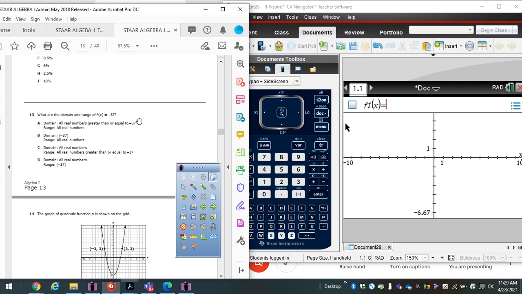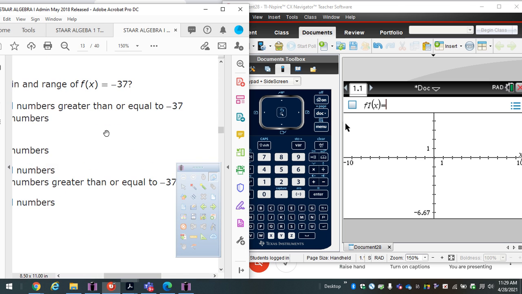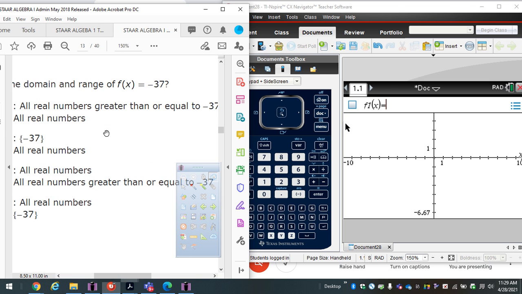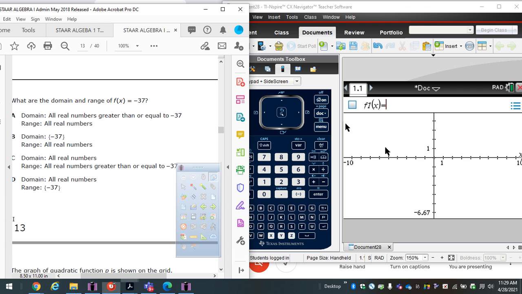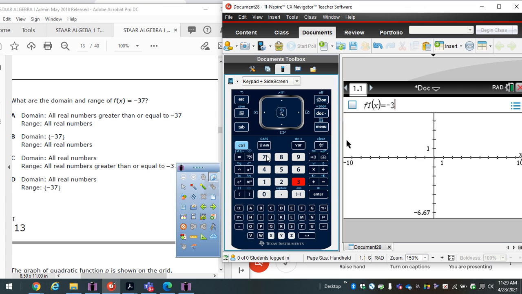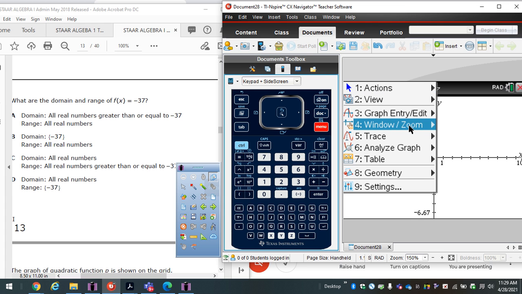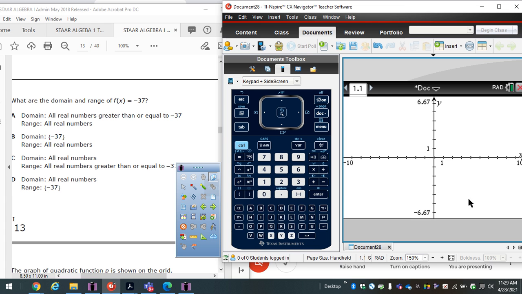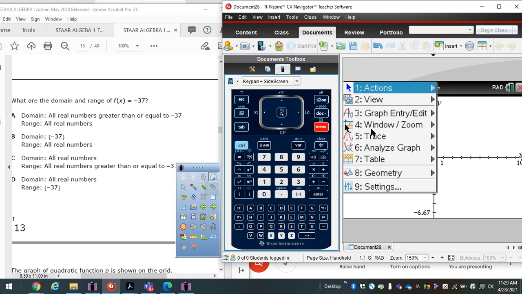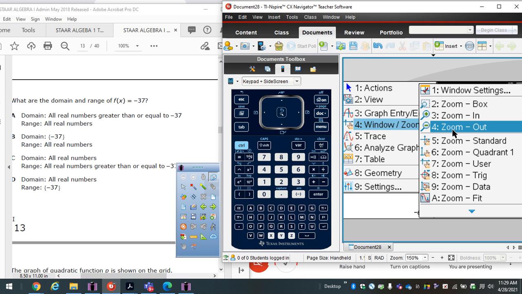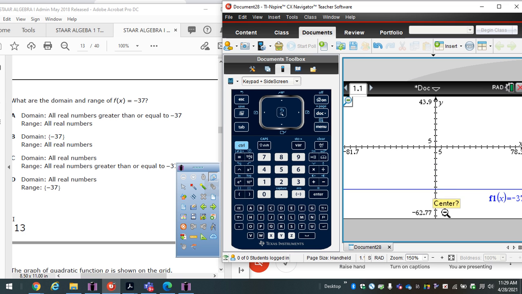Okay, so let me move that down, and let me zoom in. Sorry about that, guys. So that's y is equal to negative 37. Okay, it's just a line, guys. And you can go to zoom fit. Oh, great, it didn't do anything. Go to menu, zoom out. Should be a line down here.